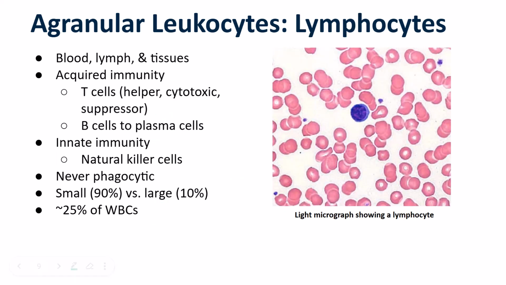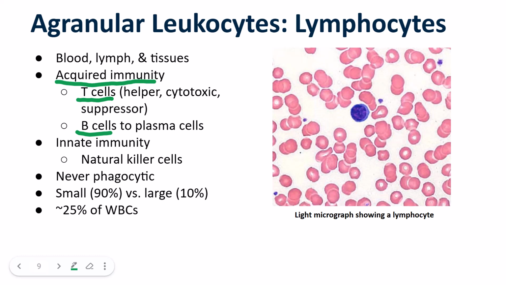Then finally, we have a rather large class of agranular leukocytes called the lymphocytes. Lymphocytes can be found in the blood, the lymphatic system, as well as in the tissues, and they are the basis of acquired immunity. And there are two general categories here that are doing the heavy lifting: the T lymphocytes, or T cells, and the B lymphocytes, or B cells.